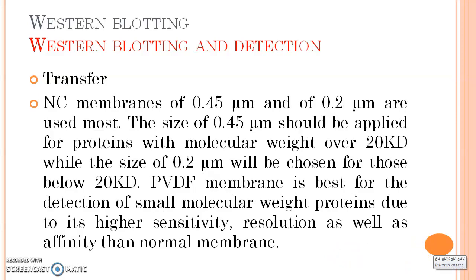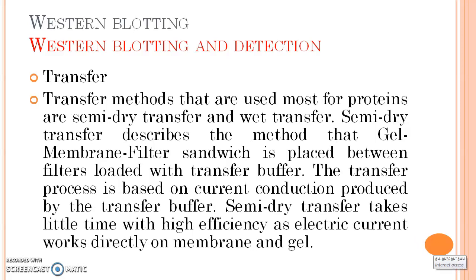Nitrocellulose membranes of 0.45 micrometer and of 0.2 micrometer are used most. The size of 0.45 micrometer should be applied for proteins with molecular weight over 20 kilodalton, while the size of 0.2 micrometer will be chosen for those below 20 kilodalton. PVDF membrane is best for the detection of small molecular weight proteins due to its higher sensitivity, resolution as well as affinity than normal membrane.